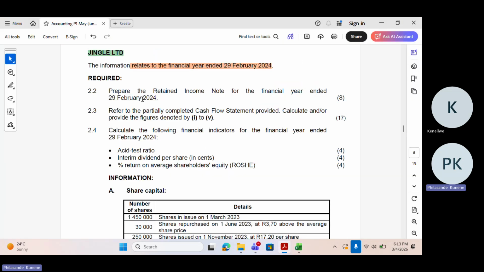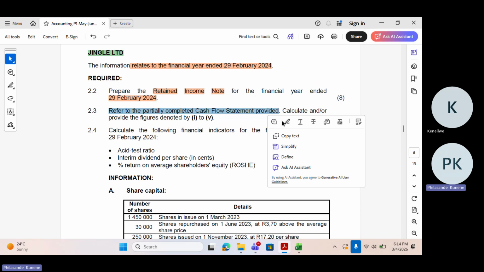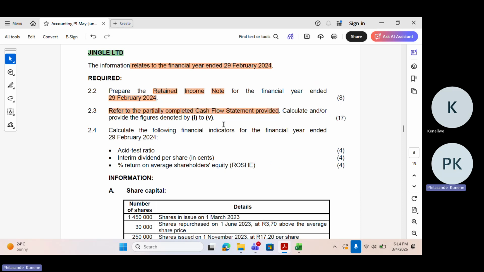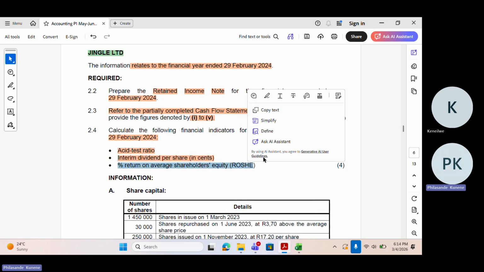Okay. Now, what they're saying here, required, we must prepare the retained income note for the financial year ended 29 February 2024. Then 2.3, they're saying refer to a partially completed cash flow statement provided, calculate and provide the figures denoted by Roman figure 1 to Roman figure 5. 2.4, calculate the following financial indicators for the financial year ended 29 February 2024: the asset test ratio, interim dividends per share in cents, and return on average shareholders' equity.